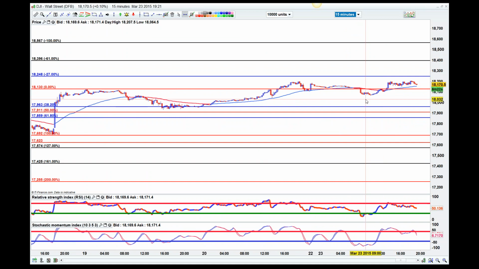Because on Friday the 20th we had this little hammer here, tested the 50 EMA, and then a stopping bar on the very next bar, and it just ground up to 200 and then sold off in the close.